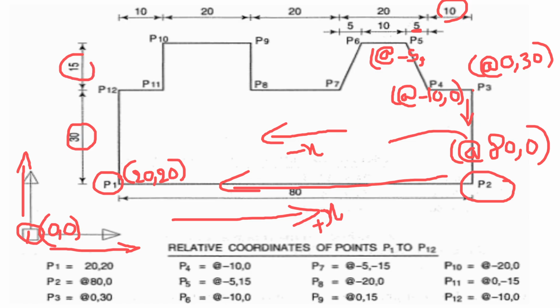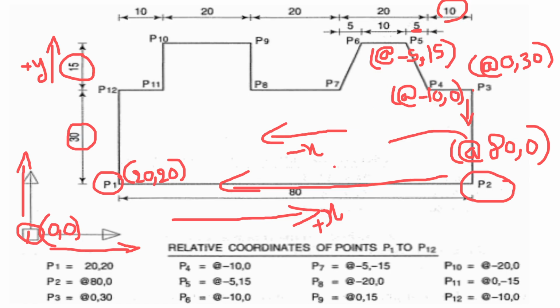So I will represent minus 5 comma 15. Try to understand and observe clearly here: I will be moving in the negative x-axis and the positive y-axis, so y is positive and x is a negative value.